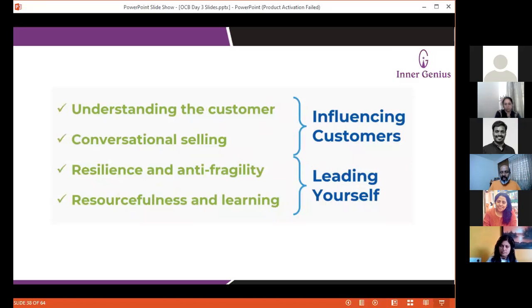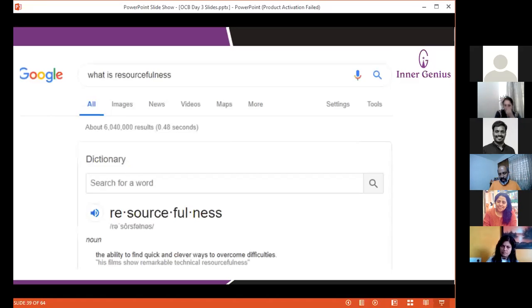Okay, right? So what is this leading in, if we go and look into it, resourcefulness. The dictionary definition says that resourcefulness means the ability to find quick and clever ways to overcome difficulties. Would you agree with this dictionary definition?